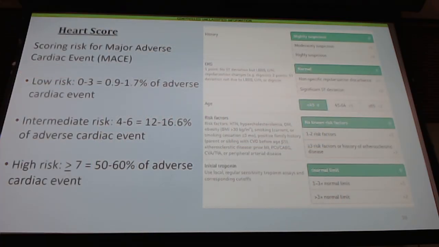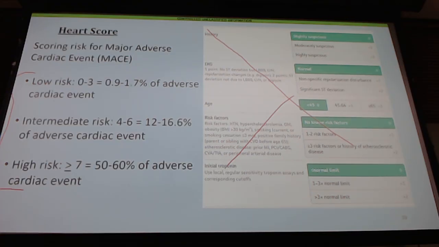So what is a validated cardiac risk tool you can use? The most common one that we'll use in the United States is the HEART score. Don't memorize this chart. Just learn this part here, okay?